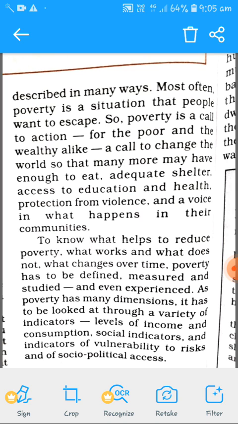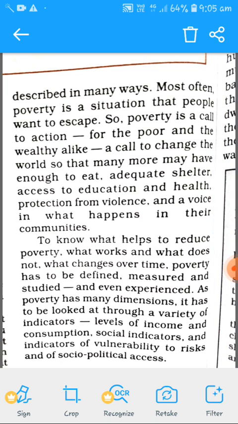Poverty has different dimensions, you can say dimensions means faces, different faces. So we have to first identify the type of poverty, and accordingly bring in policies to reduce and alleviate poverty in our country.